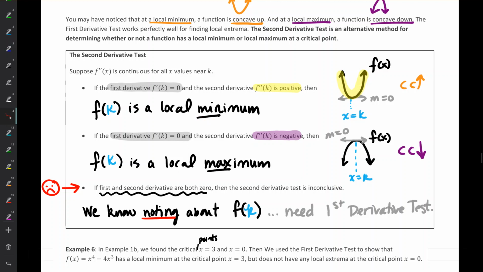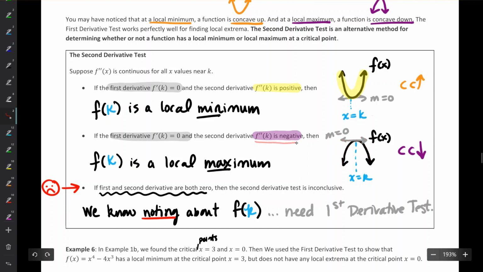Remember, maximums and minimums are y values. We have a minimum here at x equals k. The minimum is f of k. All right, if your first derivative is 0, got a little horizontal tangent here at x equals k, and my second derivative is negative, well then we have a local max. And again, saying negative and then max feels very strange. So what I like to do is draw my little horizontal tangent.